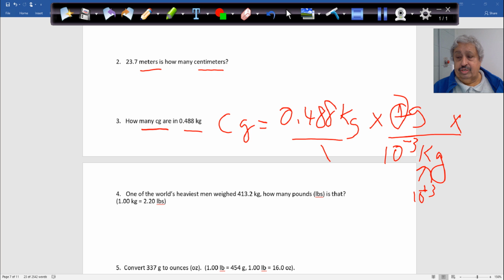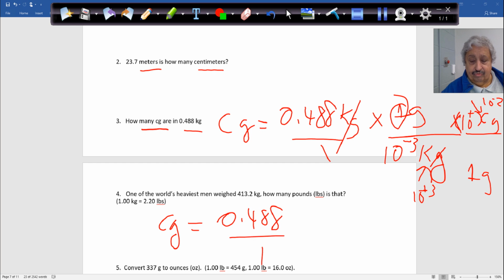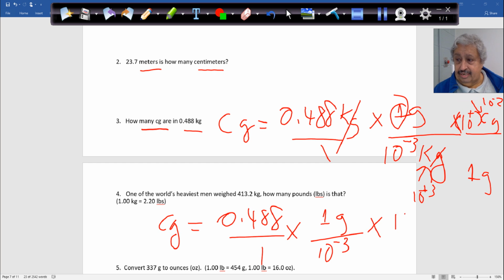So kilogram with kilo cancels. 1 gram here is centigram. Centigram is 10 minus 2. I'll put in front of it 10 plus 2. So the whole question is 0.488 kilogram over 1, and this is 1 gram, and this is 10 minus 3, and this is 10 plus 2, CG.